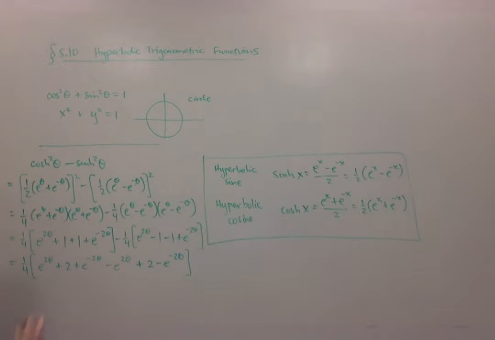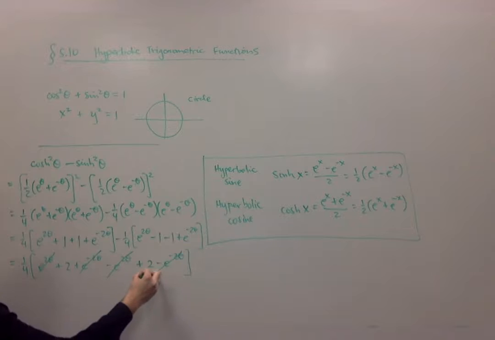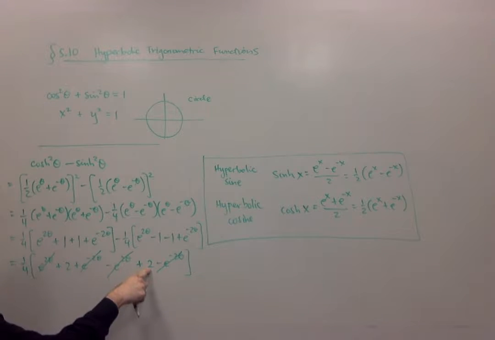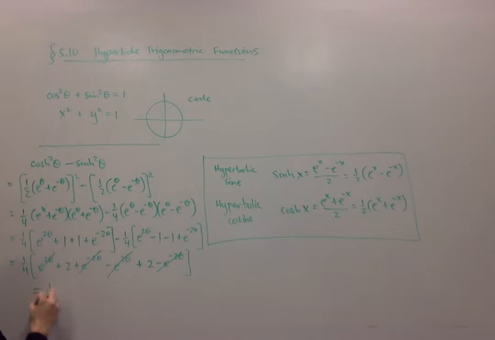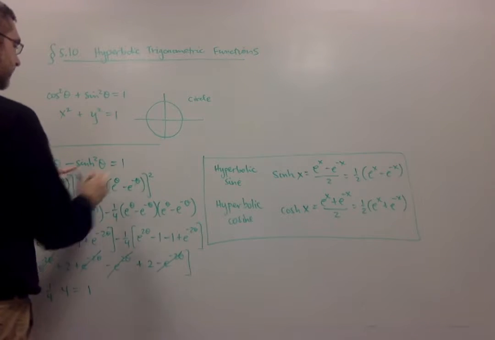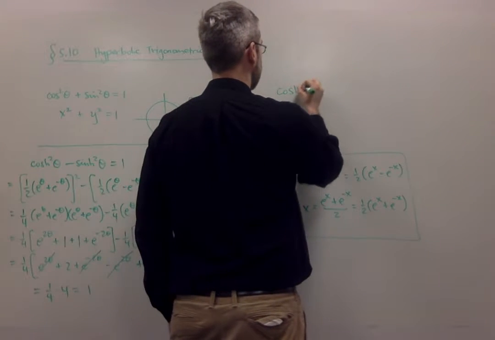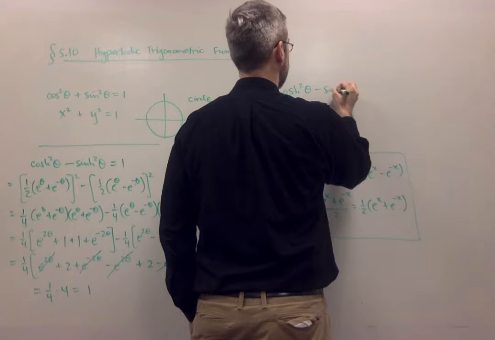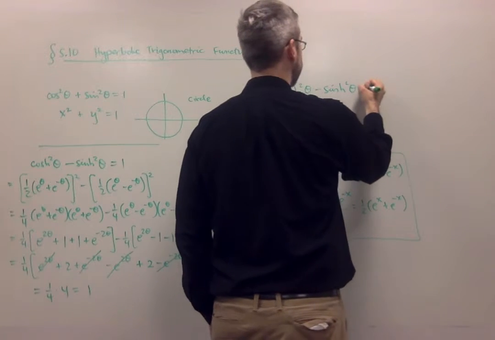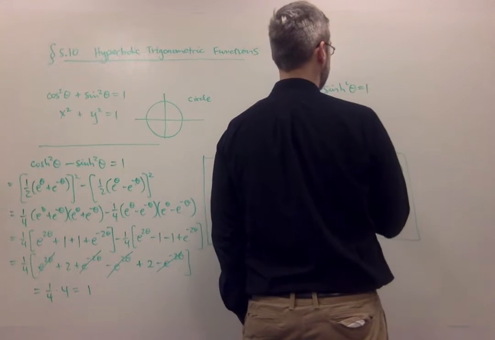So what you'll notice here is if I've got an e to the 2 theta minus an e to the 2 theta, those go away. And these go away, so I'm left with just 2 plus 2 is 4. So I get 1 here. So in other words, cosh squared minus sinh squared is 1.